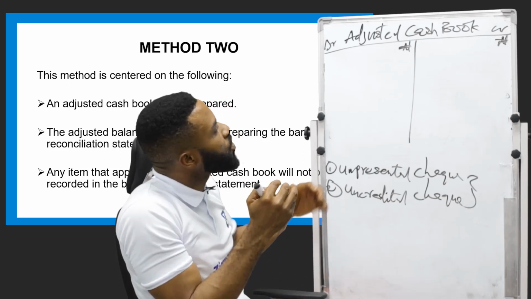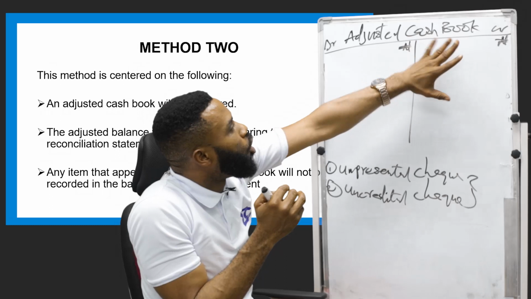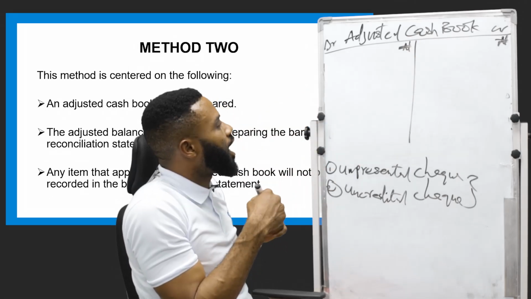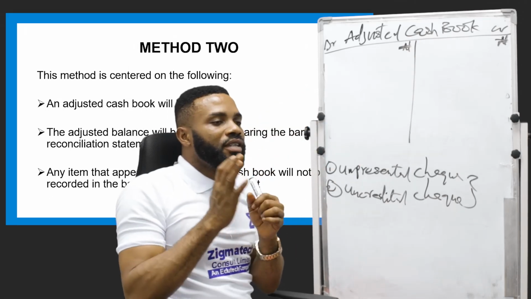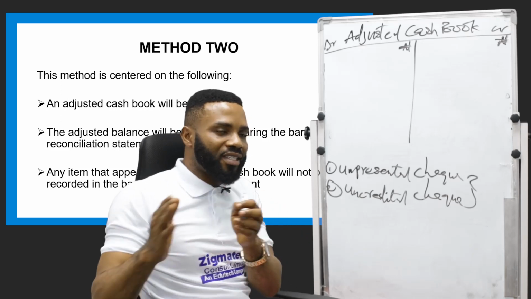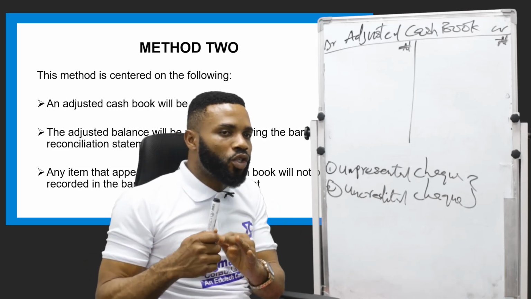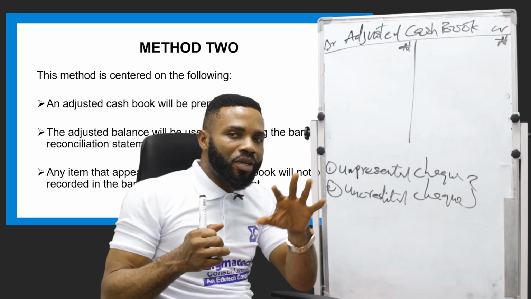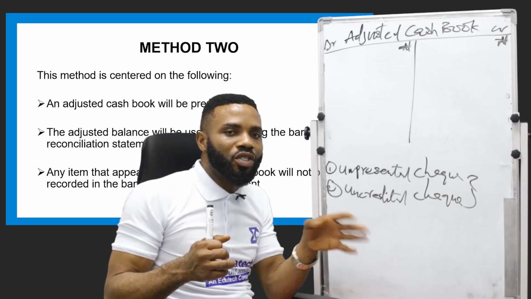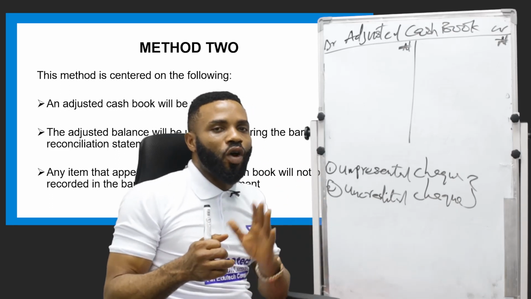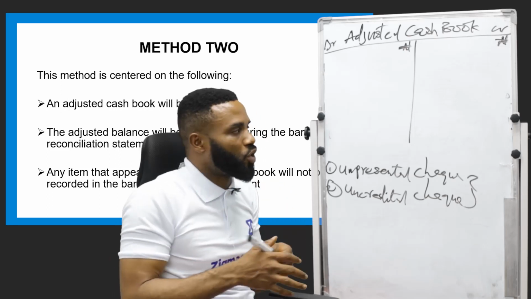Now, the transactions that will likely come under the adjusted cash book are transactions deducted from the bank statement that they did not deduct from the cash book, and transactions added to the bank statement that were not added to the cash book. Let's start with deductions.